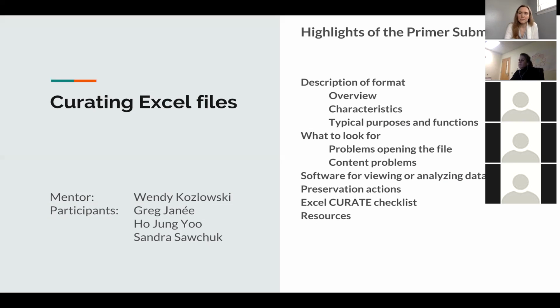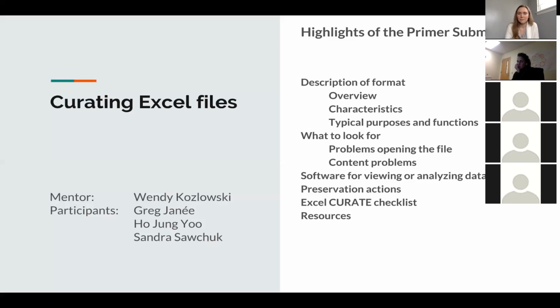We have provided some clues for software for viewing and analyzing the data. There are definitely different kinds of programs that can be run to understand the contents of an Excel file, and Excel itself provides some add-ons specifically for Windows users to help understand the contents of the file.